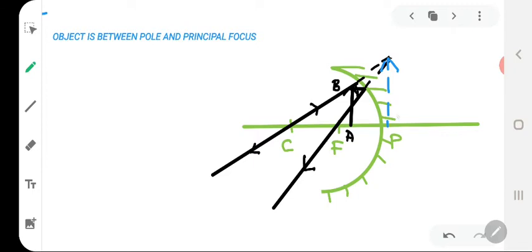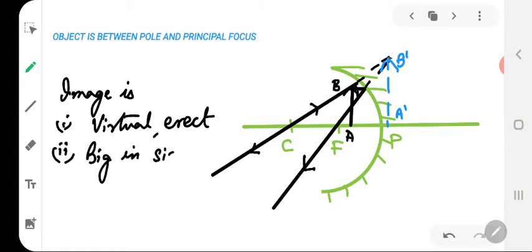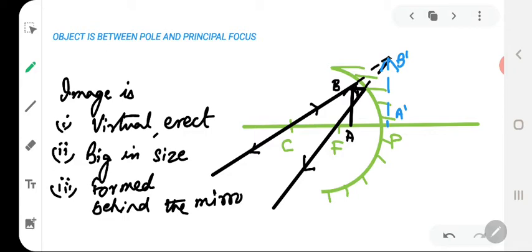Let us name it as A dash, B dash. So now the image formed is virtual and erect. It is big in size than the object, and it is formed behind the mirror.